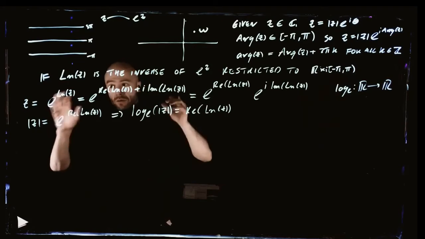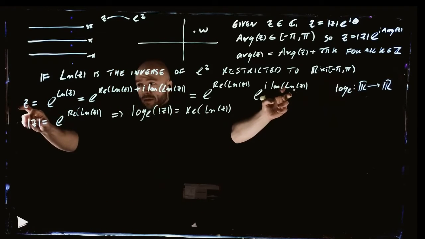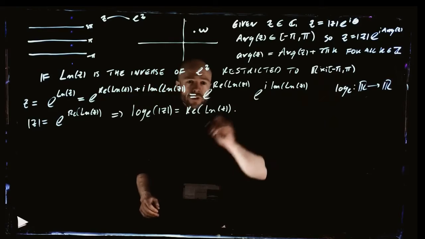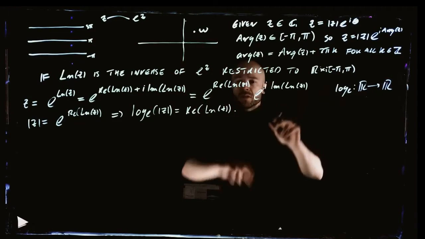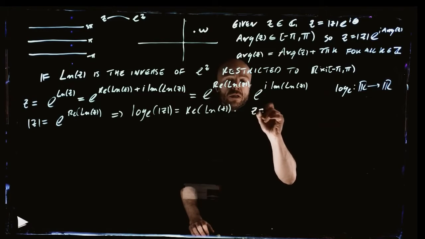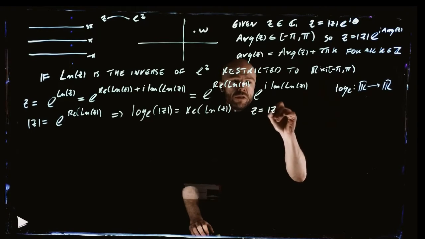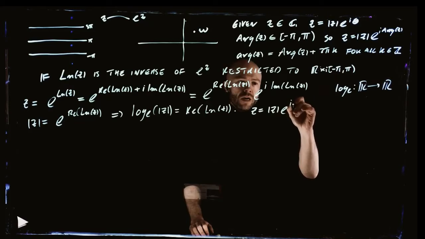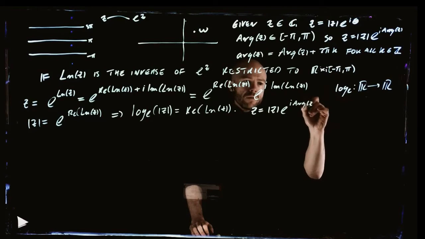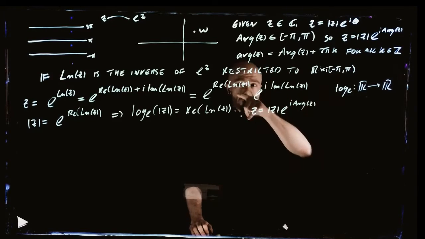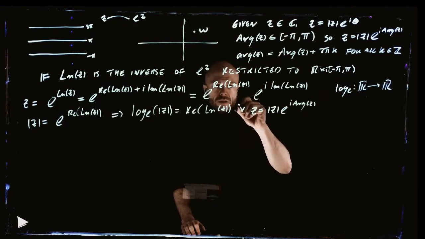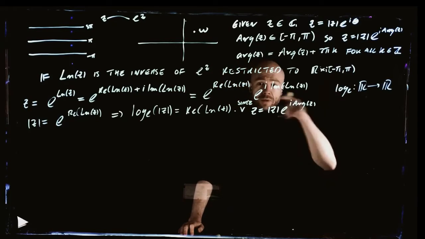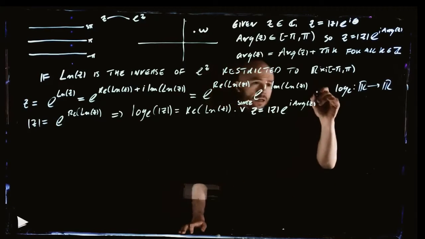And now if we look at the direction of these complex numbers, then the direction is denoted by this thing, right? So we also have that z is equal to mod z times e to the i times arg of z, which is equal to this thing, right? So from the line above, let's call this thing star.